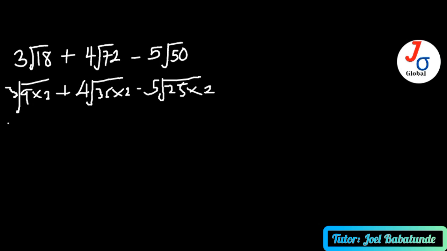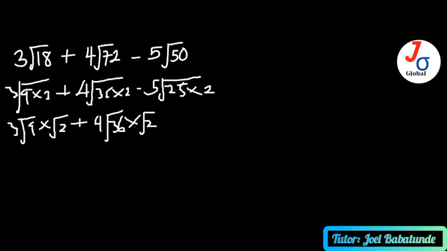So we have 3 root 9 times root 2, plus 4 root 36 multiplied by root 2, minus 5 root 25 multiplied by root 2.